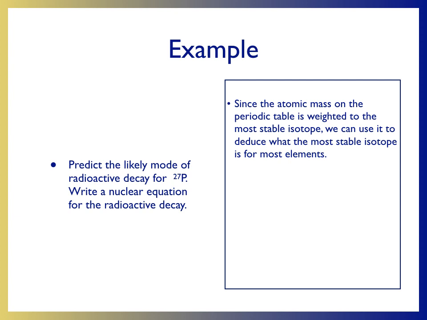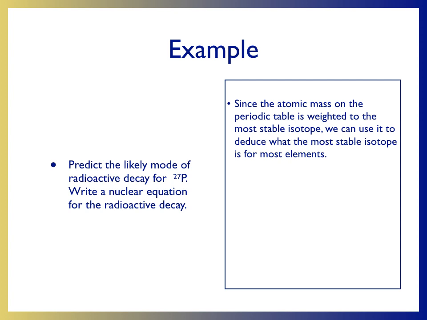We look at the atomic mass, which is a weighted average of all of the masses of all the isotopes for an element. We call it a weighted average because the most stable isotope, or most abundant isotope, tends to contribute the most to the atomic mass.